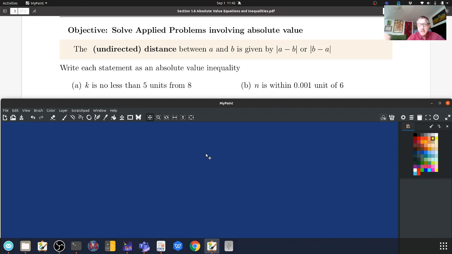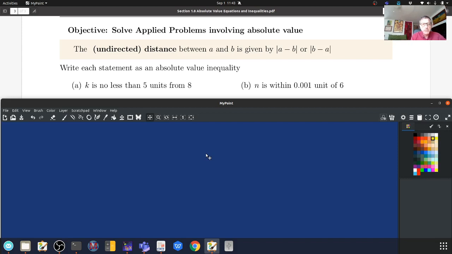So the undirected distance, it's just the distance traveled between 2 points A and B, is given by, take your pick, A minus B or B minus A. It does not matter. They are exactly the same. So we're going to use that fact in solving problems.